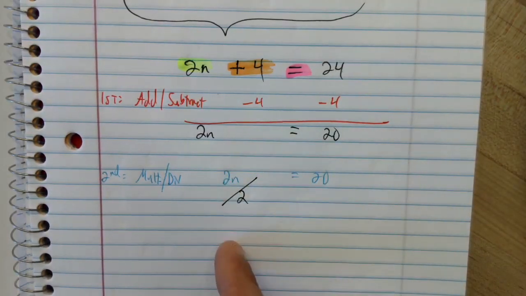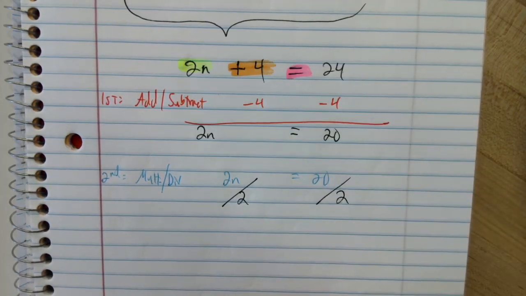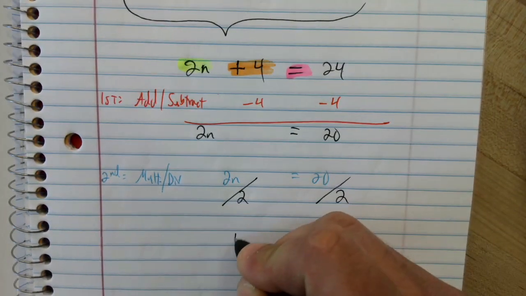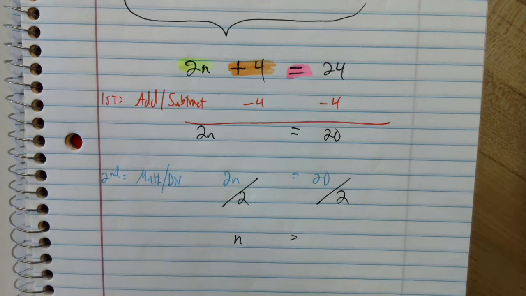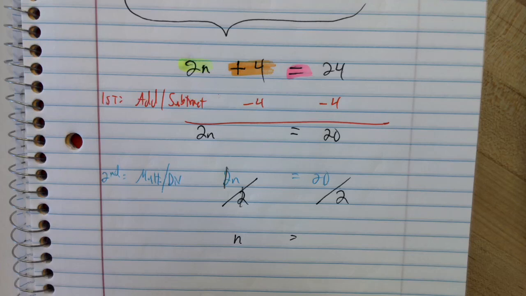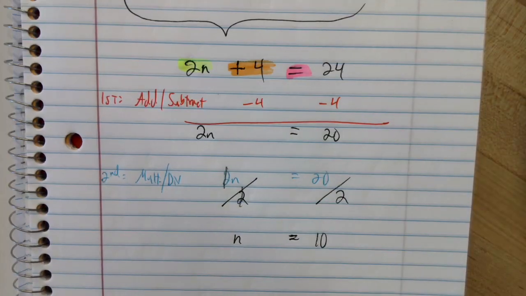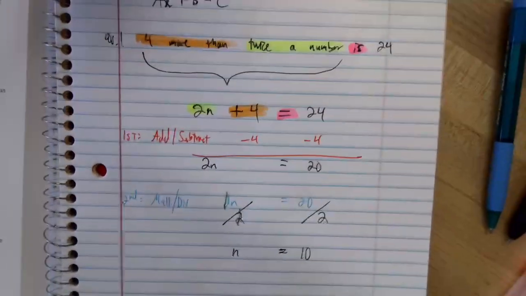Whatever I do to one side of the equation, to make sure it stays equal, I've got to do to the other side. And so we get an answer at that point. We get an answer because the 2's reduce to 1, you might say, or cancel out. n equals 10.